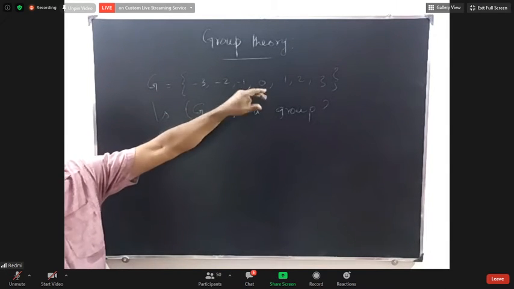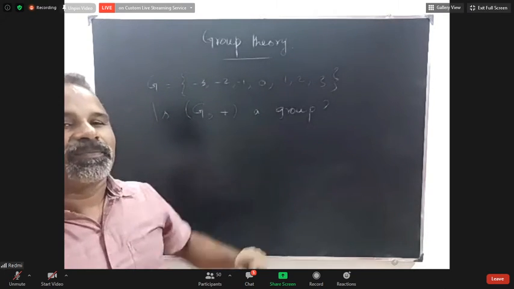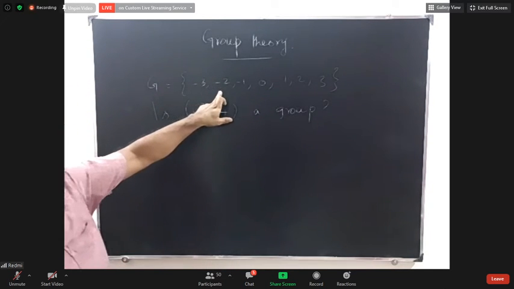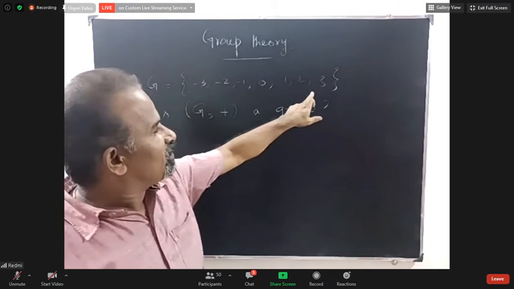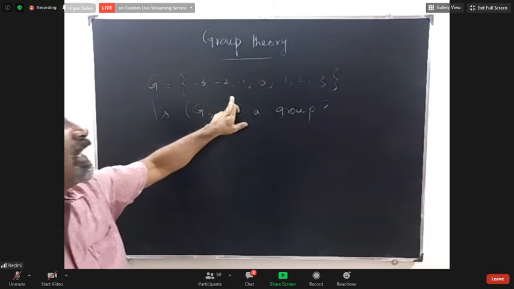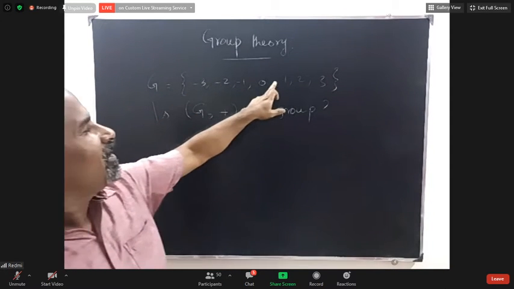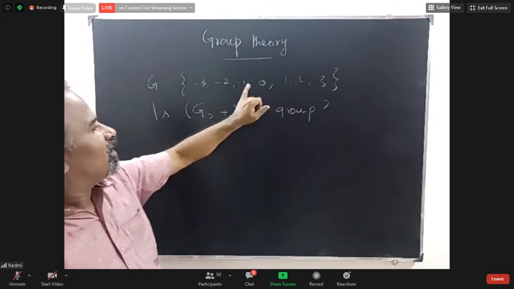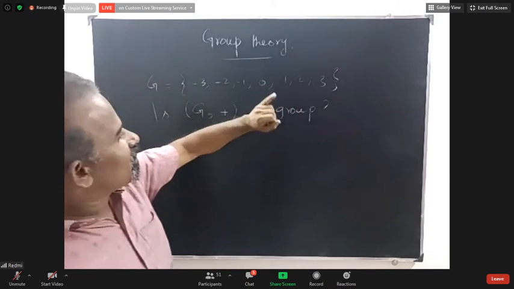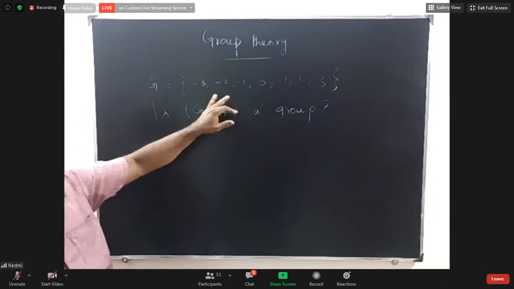So here identity is there, 0 is the identity. Associativity also will be satisfied. Then inverse is also there. The inverse of 1 is minus 1, the inverse of 2 is minus 2. So associativity, existence of identity, inverse of each element, everything is there.